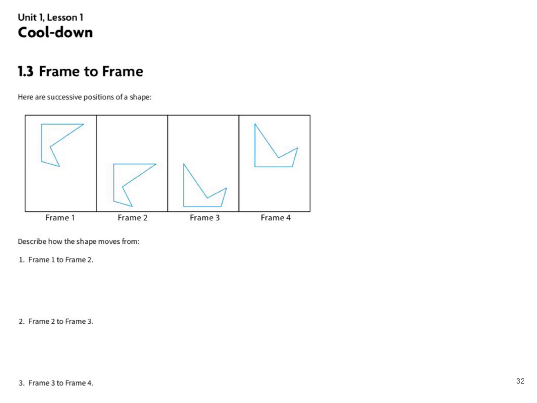So going from 1 to 2, what did we do? We did a translation downward, or we slid down. How do we go from 2 to 3?